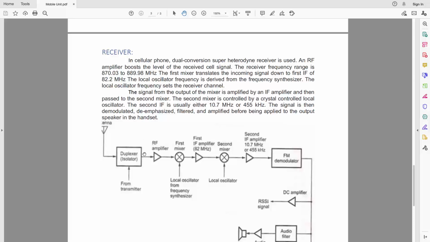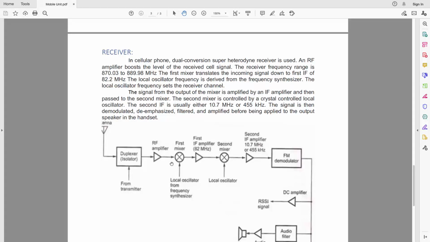The received signal is of very low amplitude. That's why it has to be applied to an RF amplifier, which is nothing but a radio frequency amplifier. Then that received signal has to be down converted into the IF, that is, the intermediate frequency. That's why it has to be mixed with another frequency.